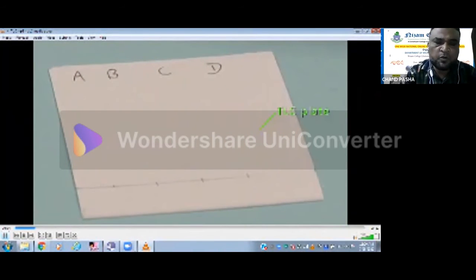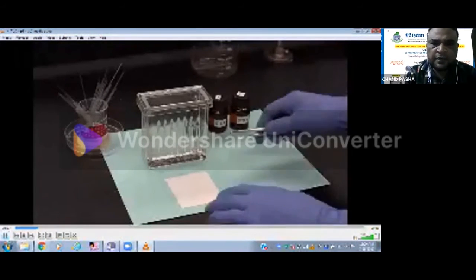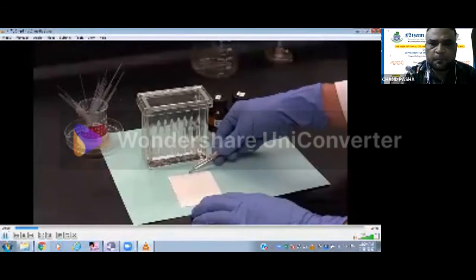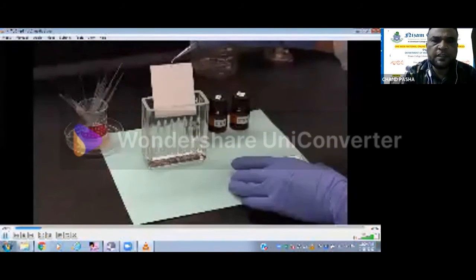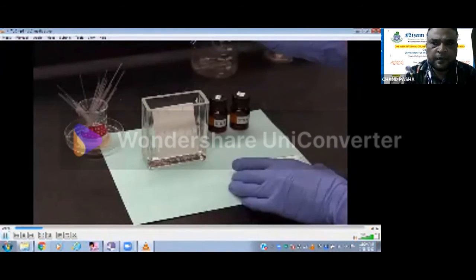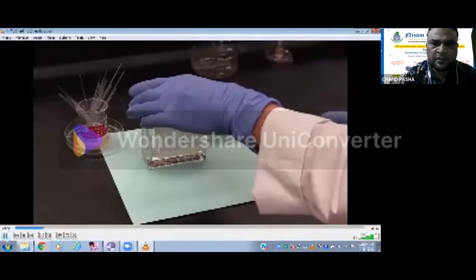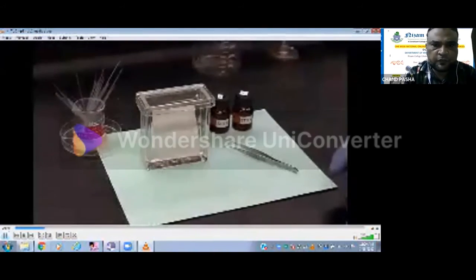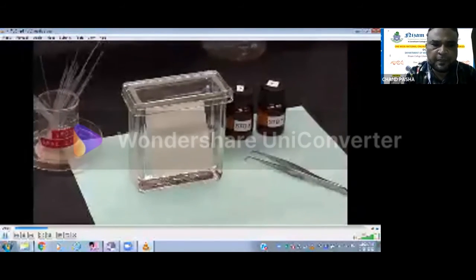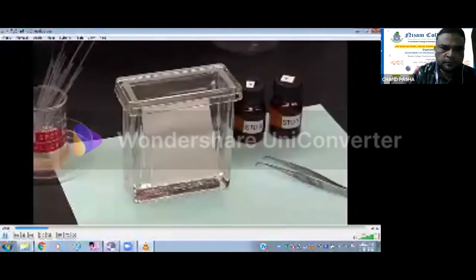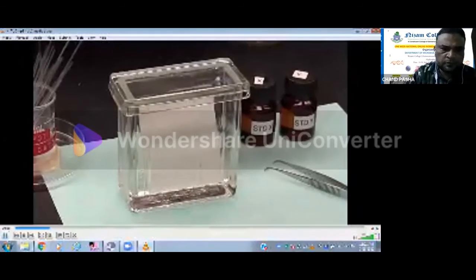About 2 centimeters from the base, you will make a line for putting the samples. And see, there is a specific chamber here, which is called the chromatographic chamber, where the chromatographic separation will take place. We'll see the experiment now.